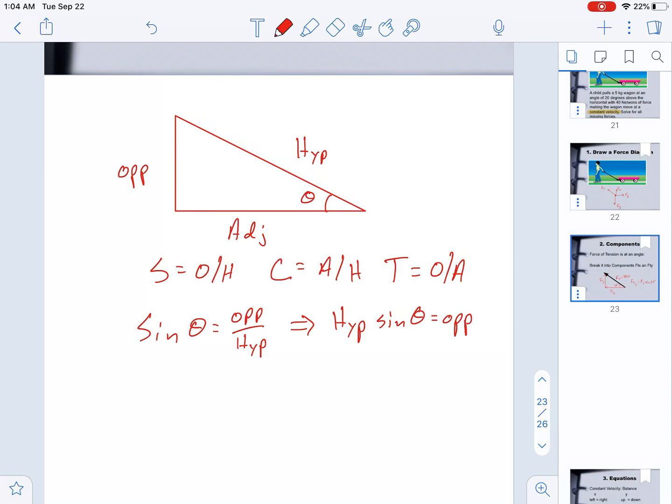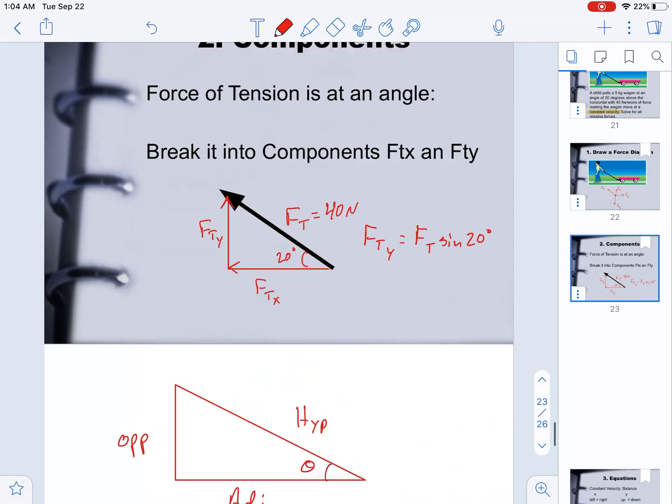Jumping back down here, because I want to find my adjacent side, I know that the cosine of theta is equal to my adjacent side divided by my hypotenuse. When I want to find my adjacent side, I'm going to multiply both sides by the hypotenuse, and I get that the hypotenuse times the cosine of theta will give me my adjacent side.